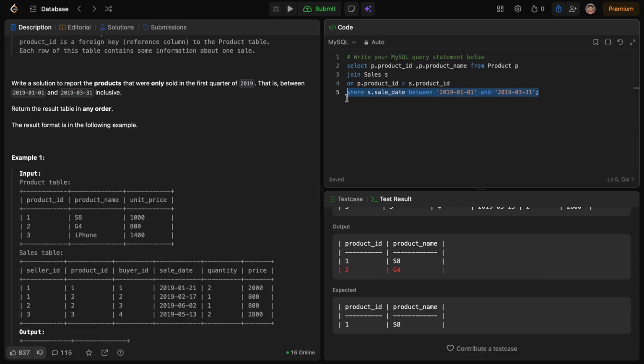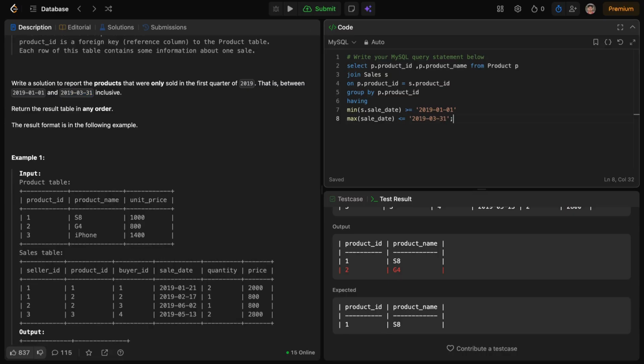So remove this, and we have to group by p dot product ID, then apply our having: minimum s dot sale date is greater than or equal to 1st Jan 2019, and the maximum should be less than or equal to 31st March 2019.